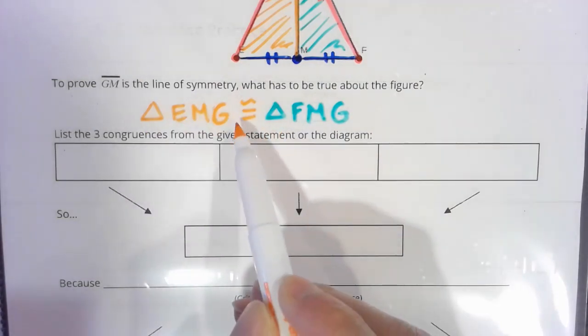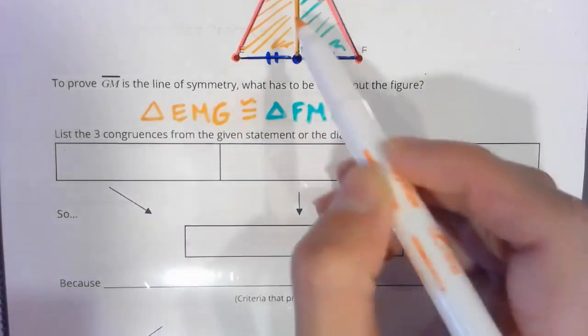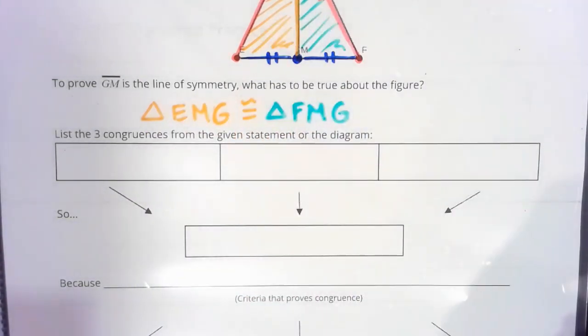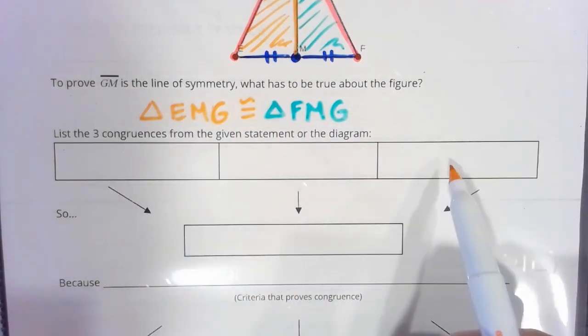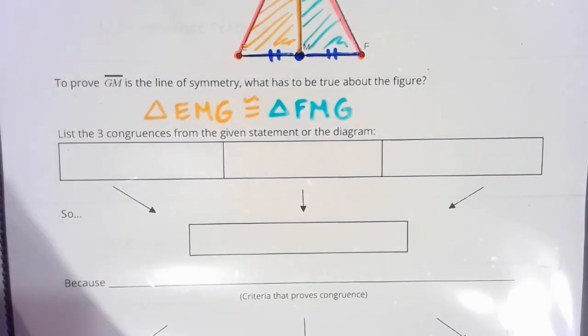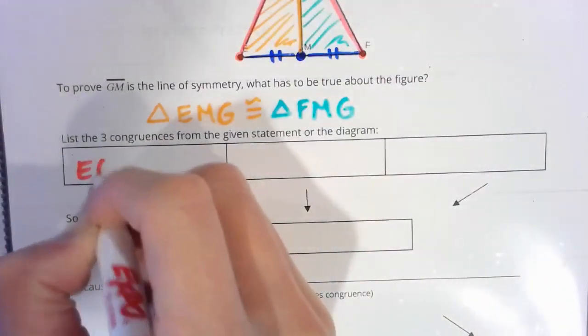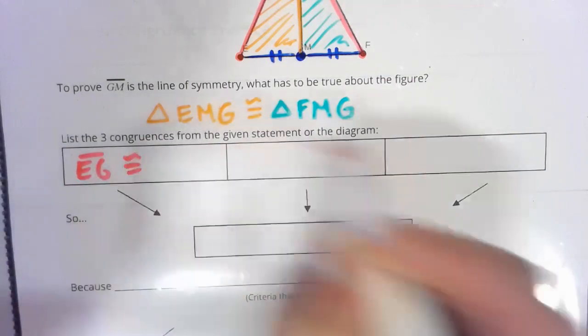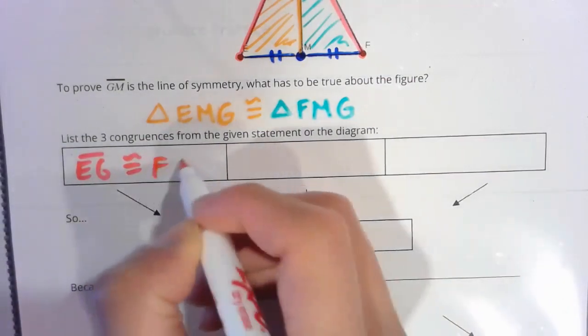Triangle EMG is congruent to triangle FMG. So I'm looking at these 2 triangles. I'm going to start by listing the given congruencies that I have between these two triangles. I know that side EG is congruent to side FG.